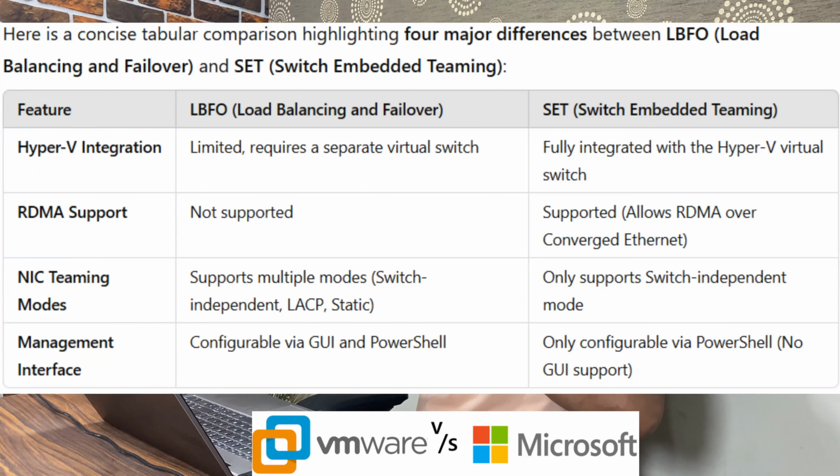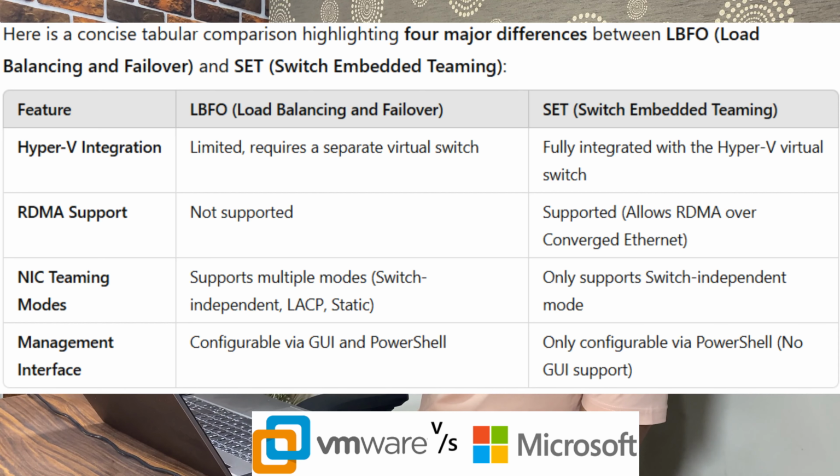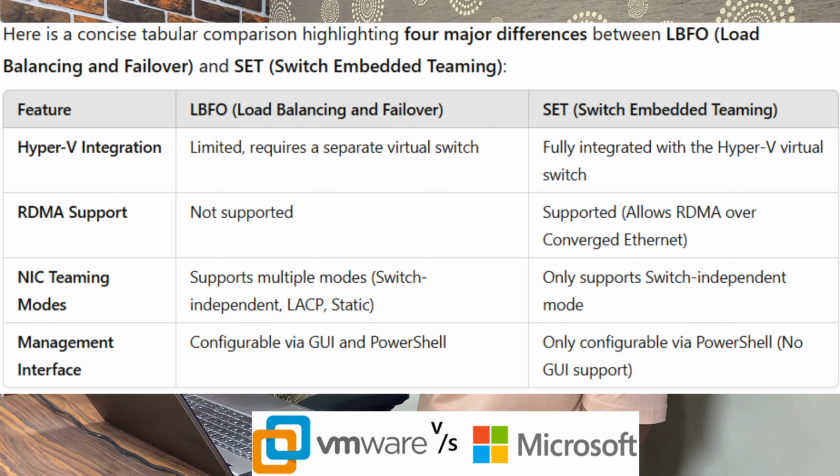So the scenario is very clear, and we have specific scenarios where we can easily suggest what kind of virtual switching technology we are going to implement when we are dealing with the hypervisor. LBFO is recommended for the single host machine implementation, while SET provides the complete solution regarding the clustering environment.